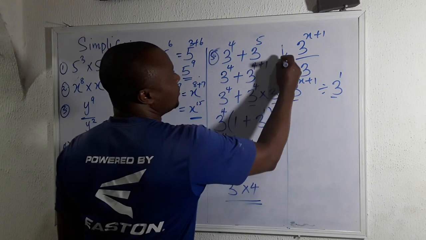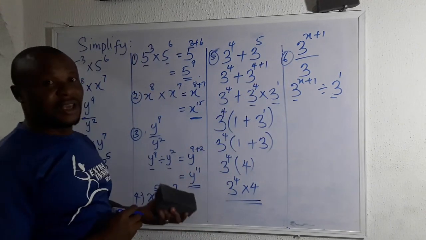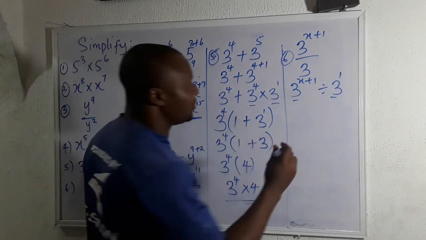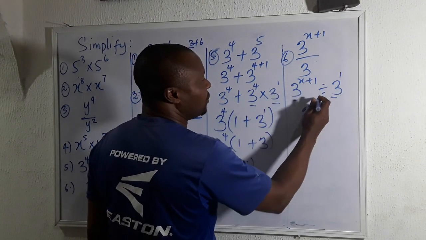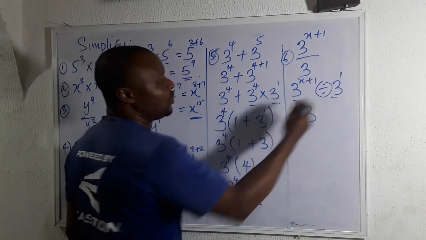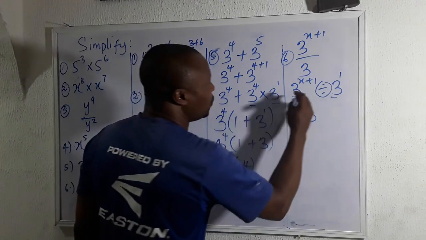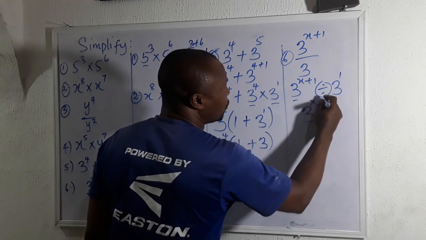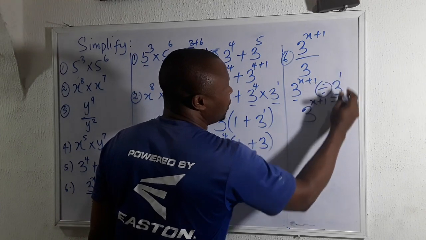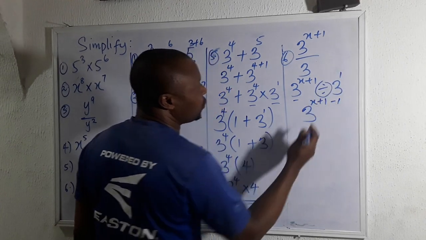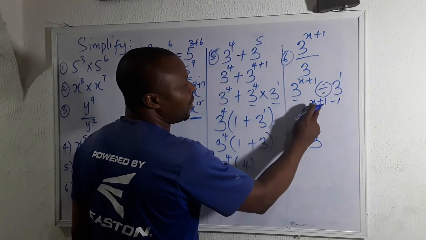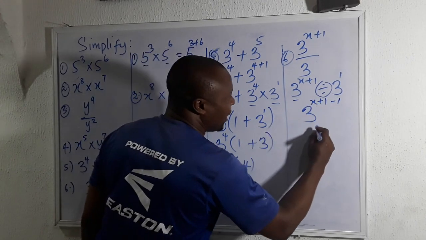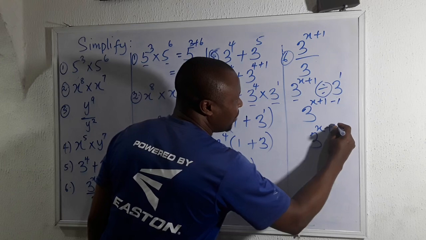This is number 6. The bases are the same, so we can take one of the bases, so that is 3 raised to power. We subtract the powers because there is a sign of division in between the two bases. So we say x plus 1 minus this 1. That will give us 3 raised to power x plus 1 minus 1.